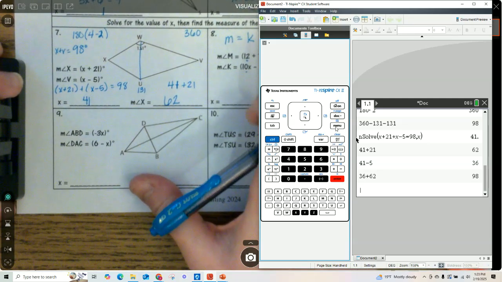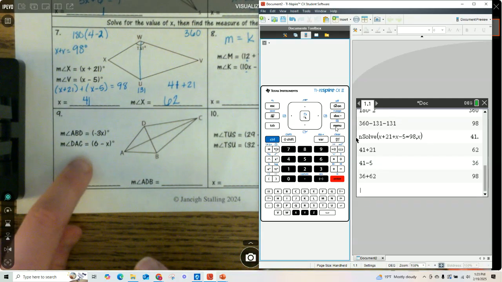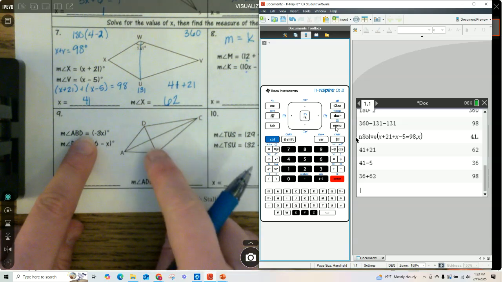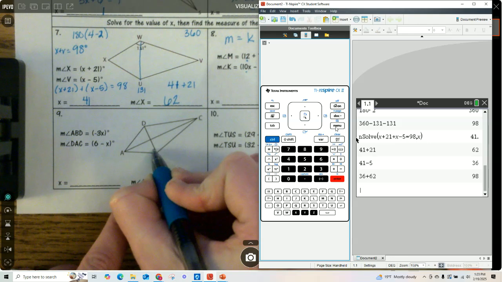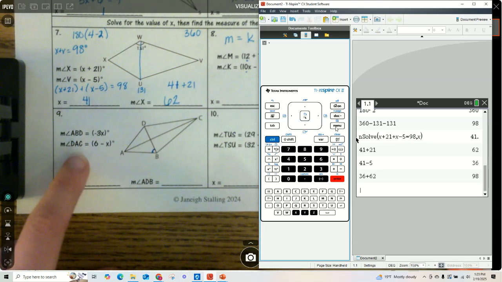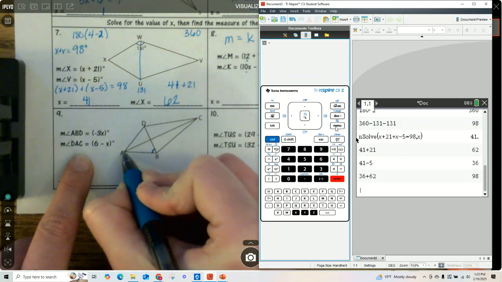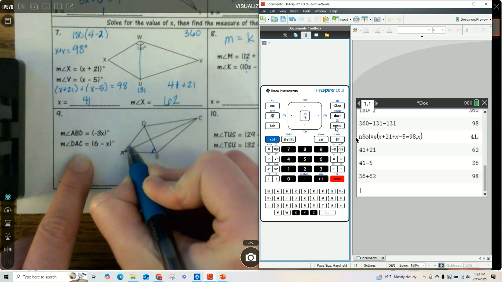Diagonal angles. Connect the dots. Whatever letter is in the middle is where you're talking about. ABD, that's this piece here. DAC, D to A to C, that's this piece here.